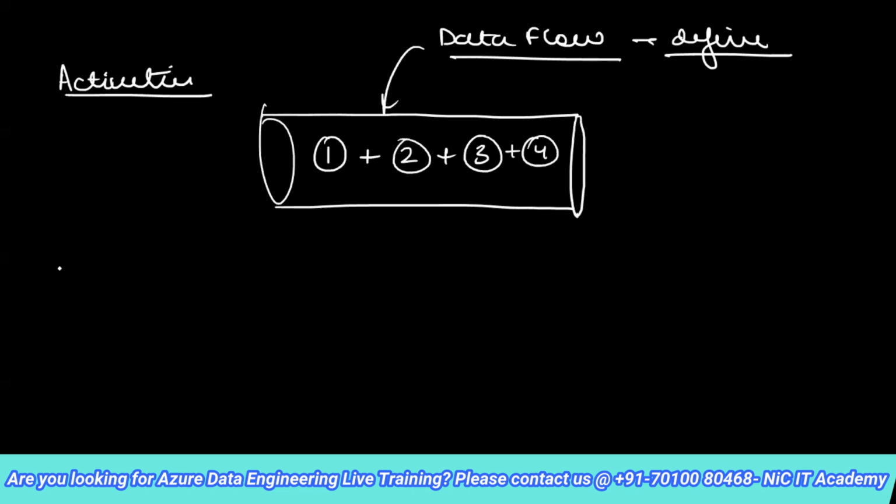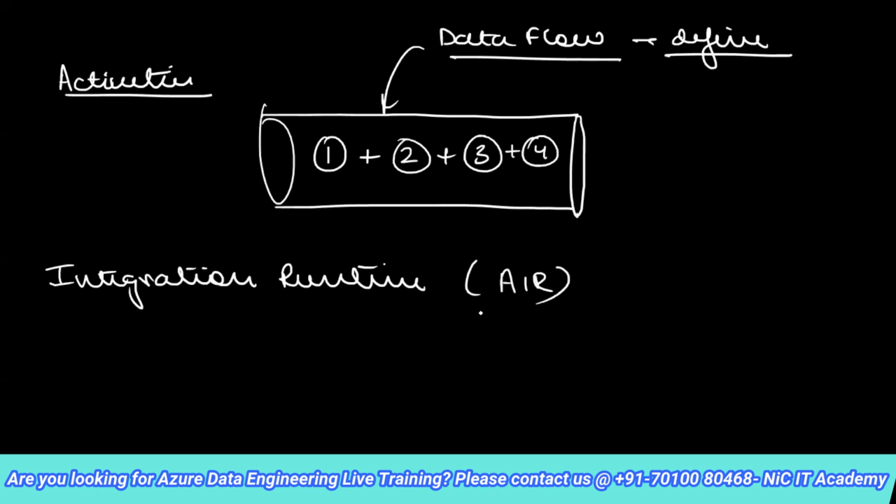And the final thing that we wanted to discuss was integration runtime. Now, integration runtime, or sometimes we also call it Azure Integration Runtime, AIR. Within Data Factory, when you look at it, it will be called Auto Resolve Integration Runtime.